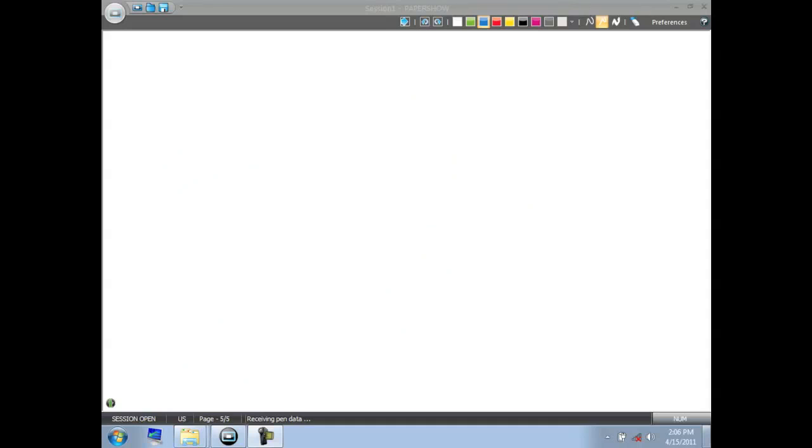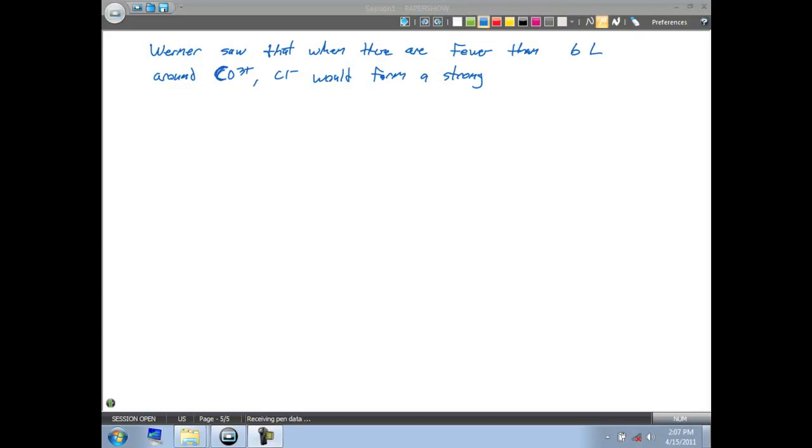Werner saw that when there are fewer than 6 ligands around Co3+, Cl- would form a strong bond to the cobalt 3+, making the coordination number equal to 6.